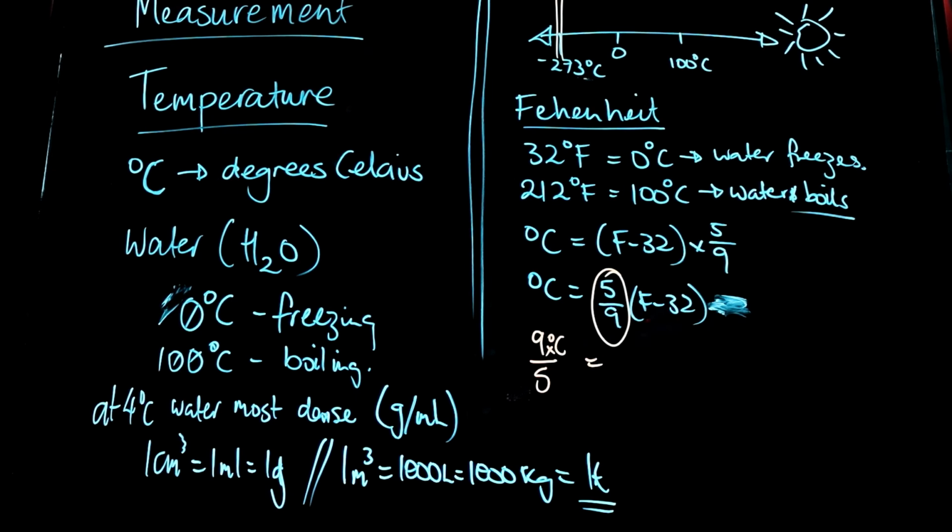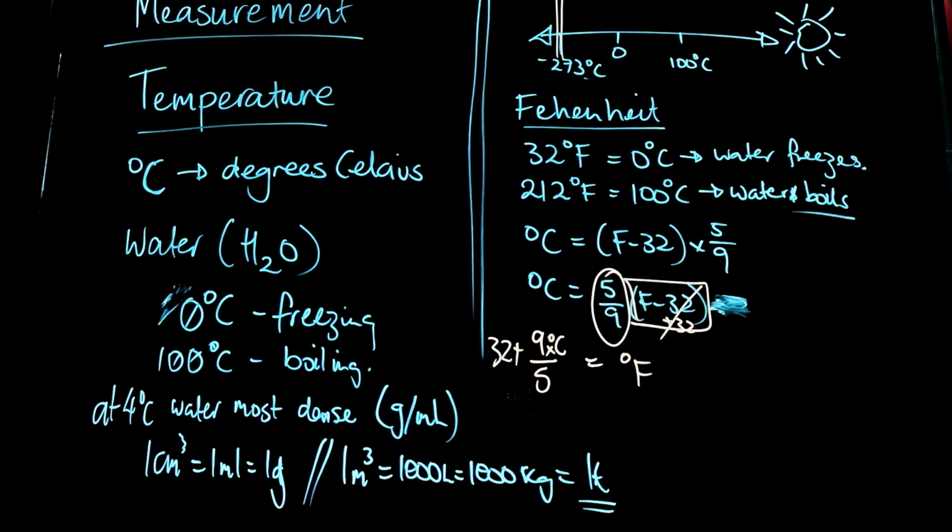And on this side I'm left with this. And the opposite of subtracting 32 is adding 32. So it all looks like a bit of a mess here, but I'm going to add 32 on the other side of that, and that'll give me my degrees Fahrenheit.